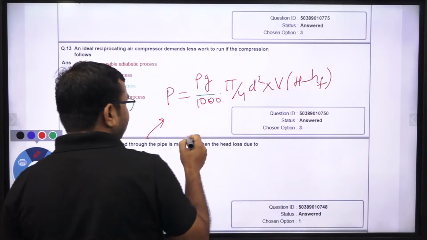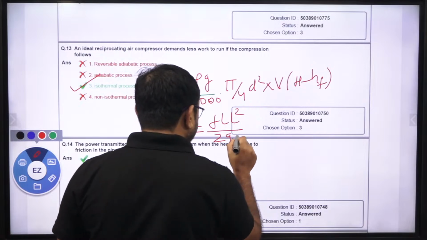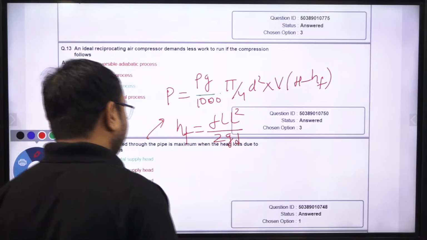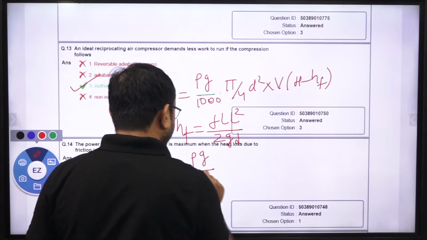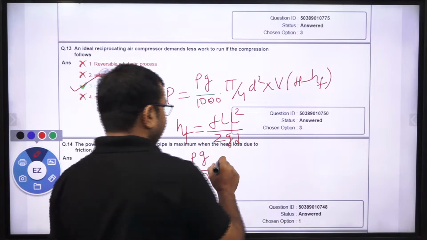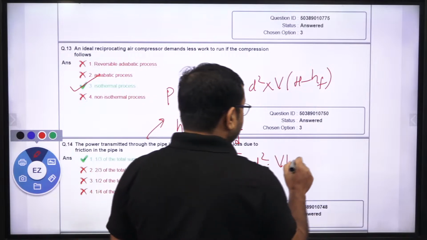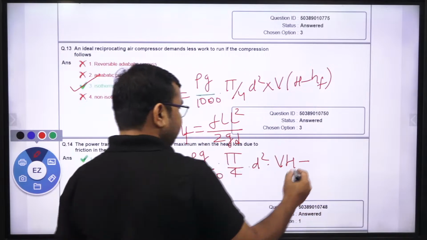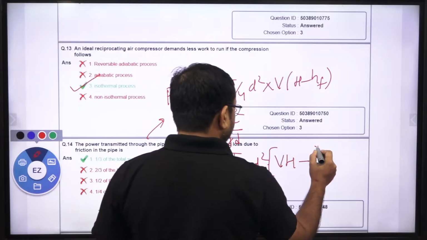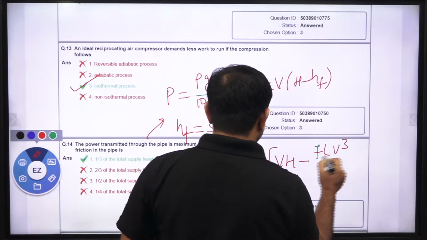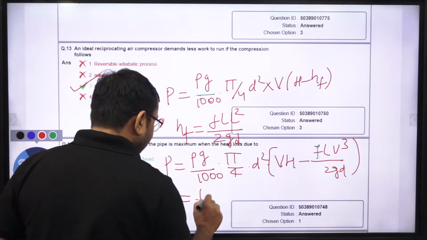And HF is nothing but f L V square by 2 g d. So similarly here you get the relation rho g by 1000 into pi by 4 into d square into (V H minus f L V cube by 2 g d). This is the relation. So can I say this power is a function of velocity?